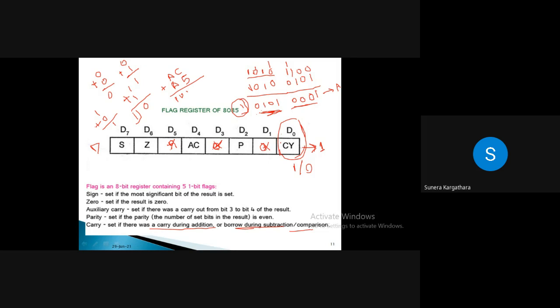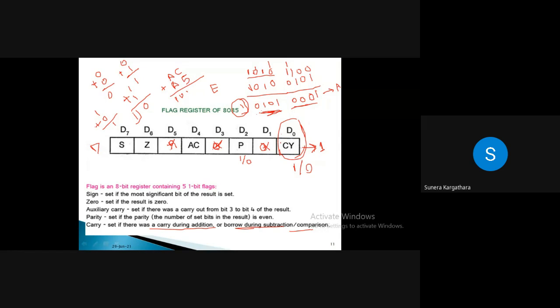Depending upon that, we can set even parity or odd parity. Suppose I am setting even parity. What does even parity mean? If my result has an even number of ones, this bit will be set to 1. If I have an odd number of ones, this bit will be set to 0.